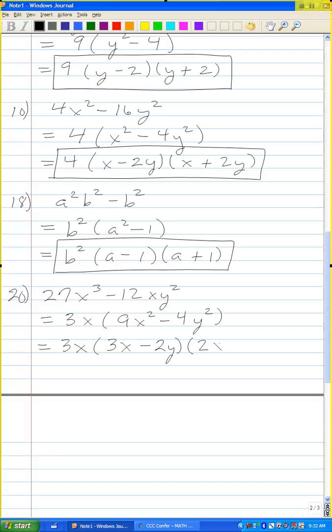Times the same term, except I'm going to change the minus to a plus. And so I get 3x plus 2y. And so I have here that I factored this completely. Let me do problem number 24.